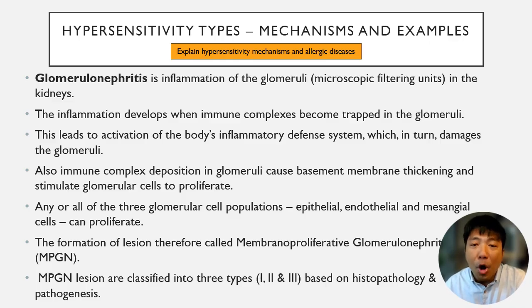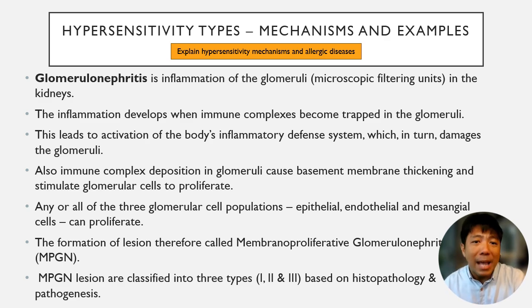glomerulonephritis, a form of kidney inflammation, occurs when immune complexes become trapped in the glomeruli, triggering the immune system to attack this structure. If you don't know what the glomeruli look like, it is good to refer to the anatomy of the kidney.